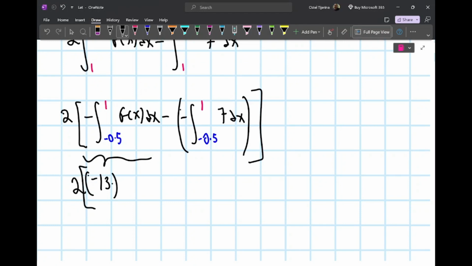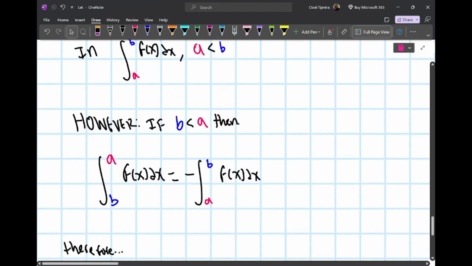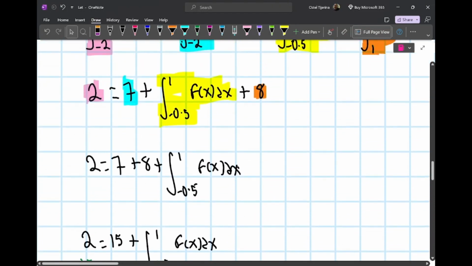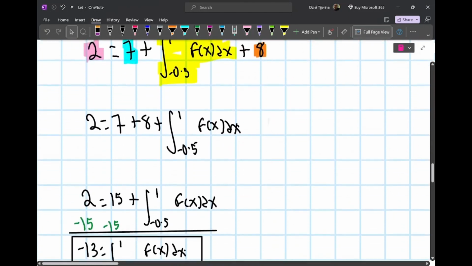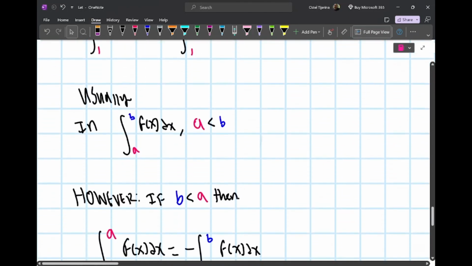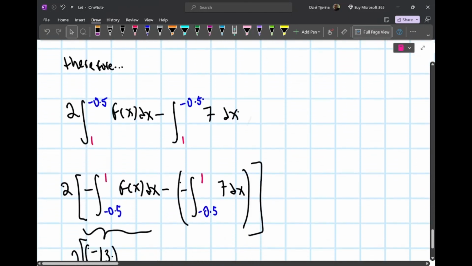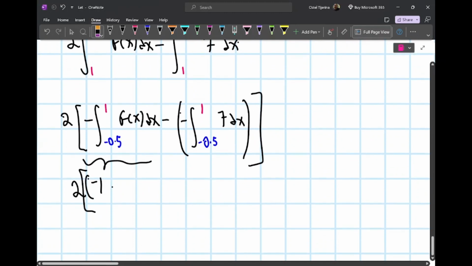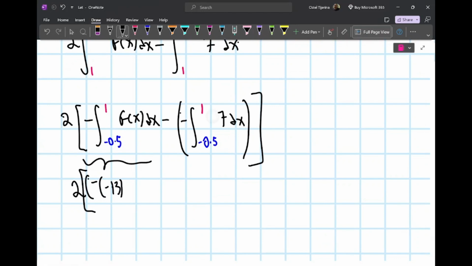And then we're basically going to do, and actually, guys, I'm sorry, hold on. Negative 0.5 to 1. It's going to be negative of negative 13. So you have to be careful because there was a negative here.